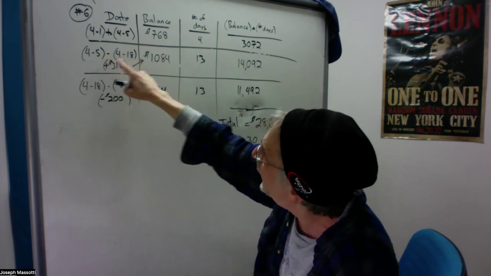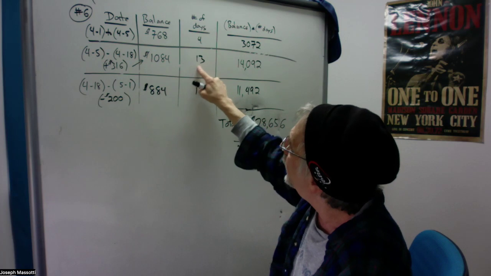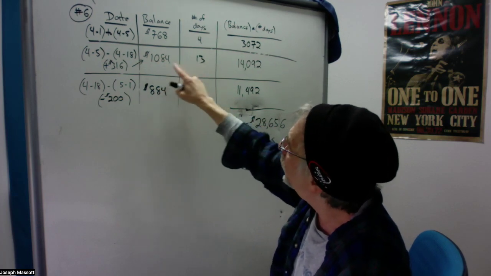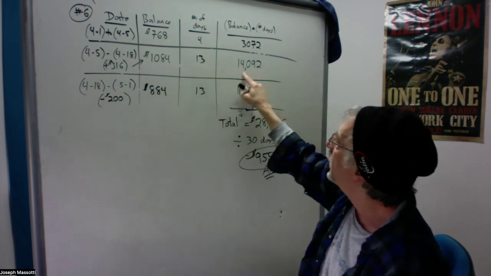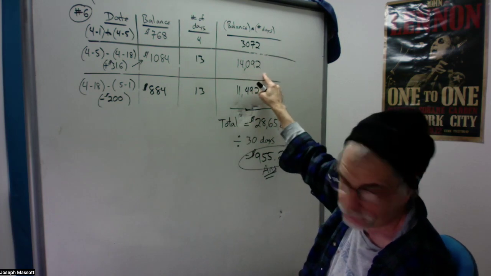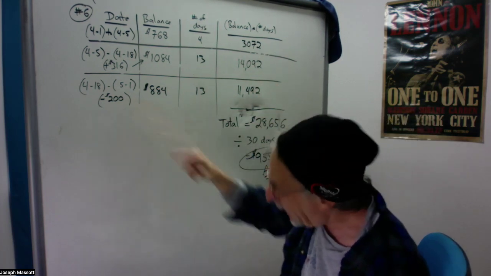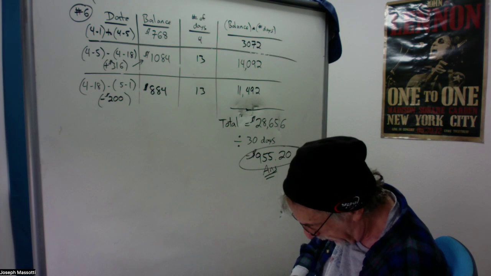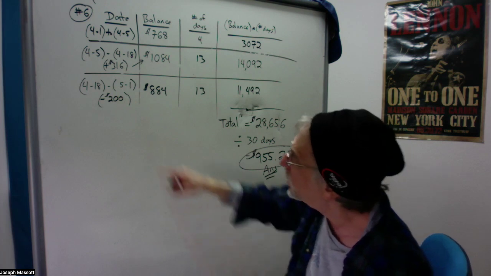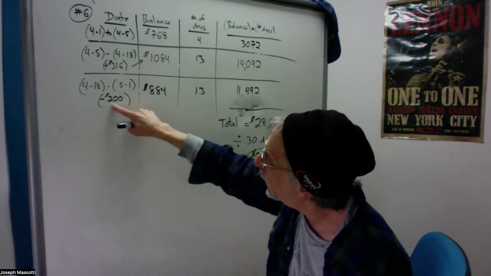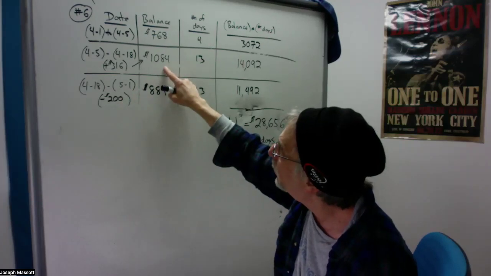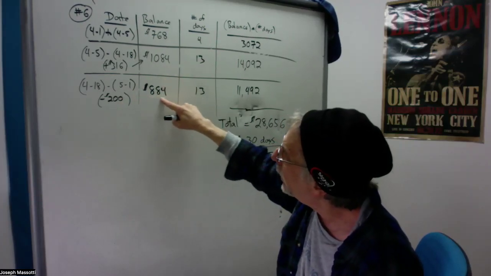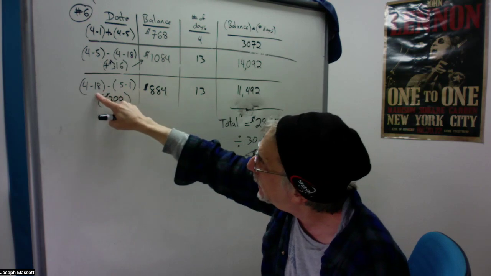So that's 13 days. 13 days, this was the balance. We multiply these two numbers together to get this number here. And then on the 18th, we are told that a payment of $200 was made. So we're subtracting $200 from this balance to get this balance. That was made on the 18th.